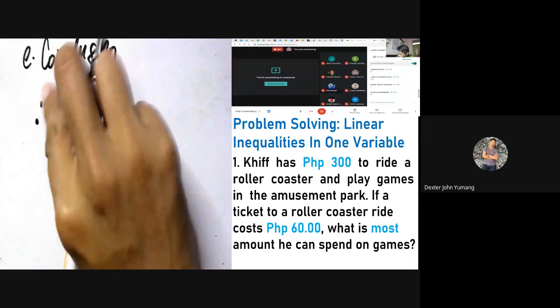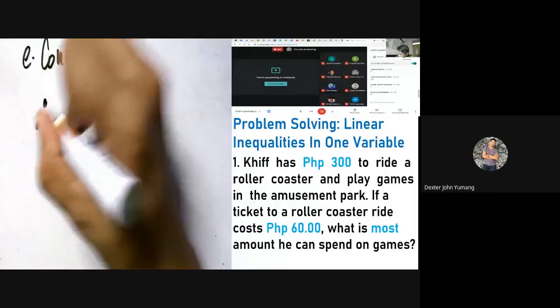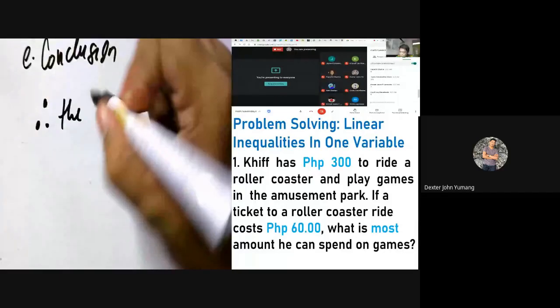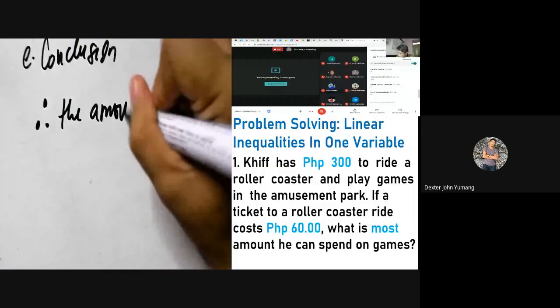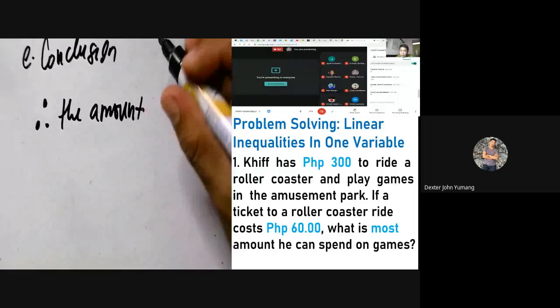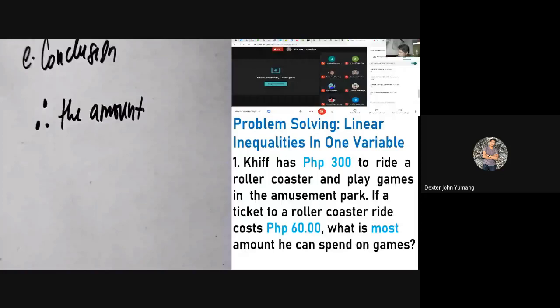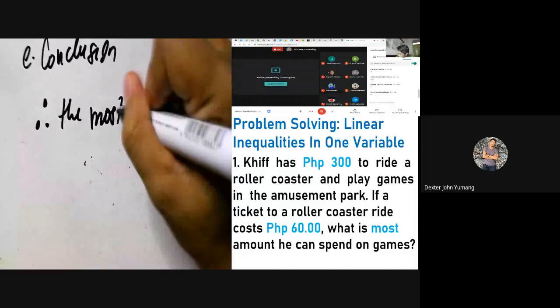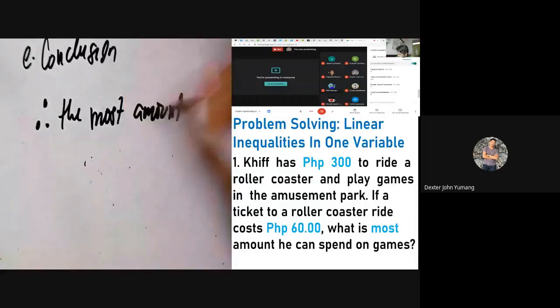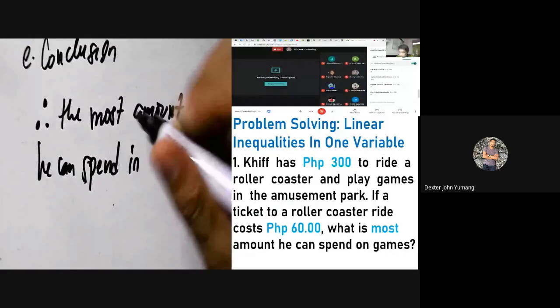Therefore, allow me to use 3 dots, meaning therefore, the most amount he can spend in games is 240 pesos.